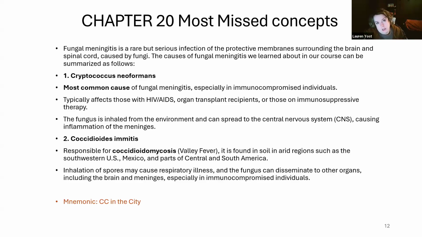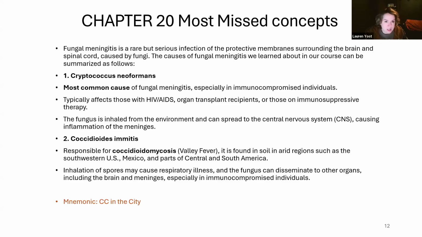Cryptococcal meningitis, fungal meningitis. So, Cryptococcus neoformans is the most common cause of fungal meningitis, but it's usually associated with AIDS. And then our second one that we talked about in chapter 20 was Coccidioides immitis. Also can cause meningitis. It's less commonly seen to do that.